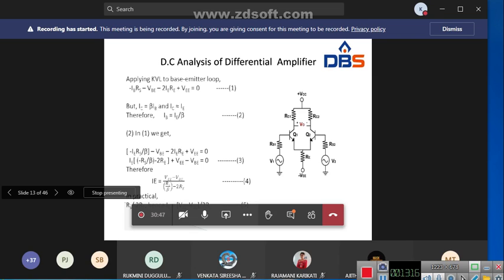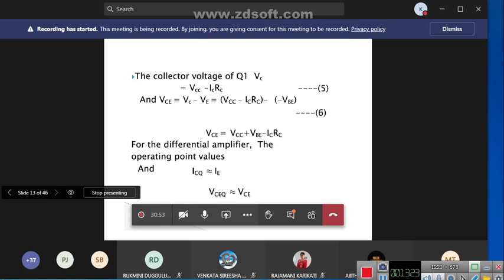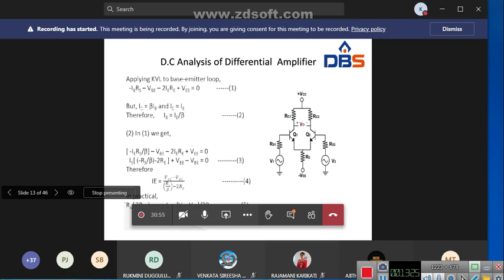So based on these relations, we can write IB equal to IC by beta, and IC equal to IE, so we can write IB equal to IE by beta. Clear? IB equal to IE by beta.